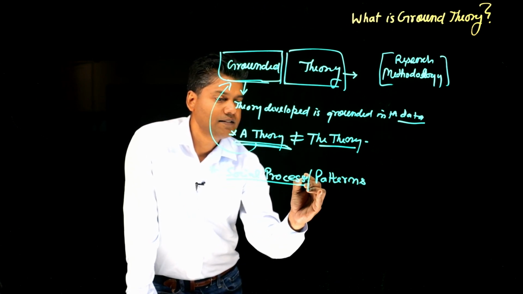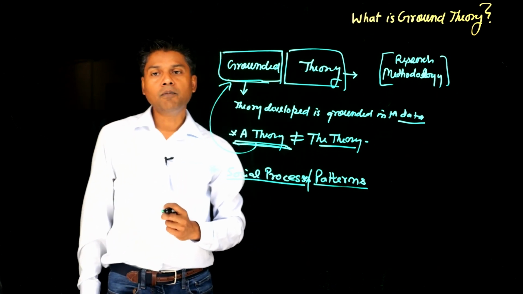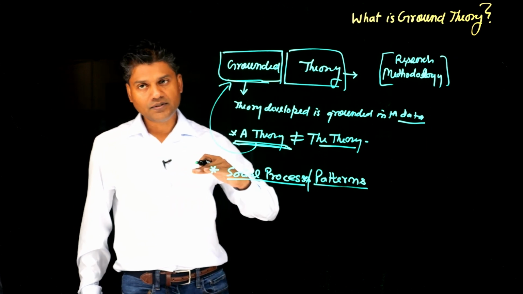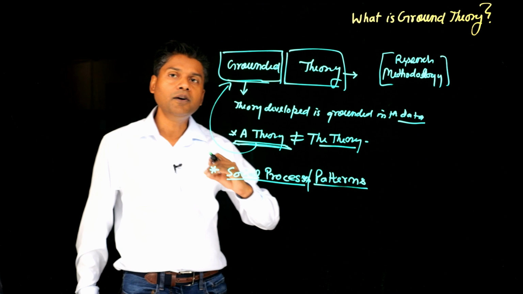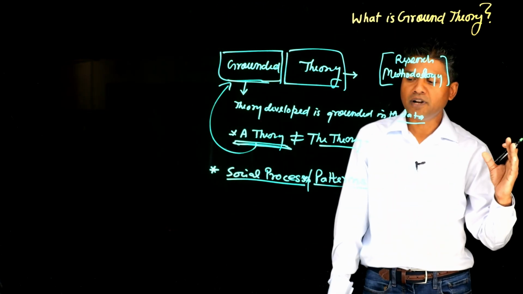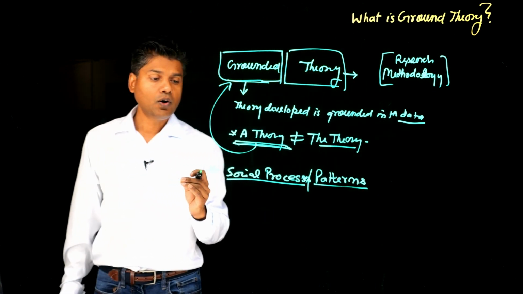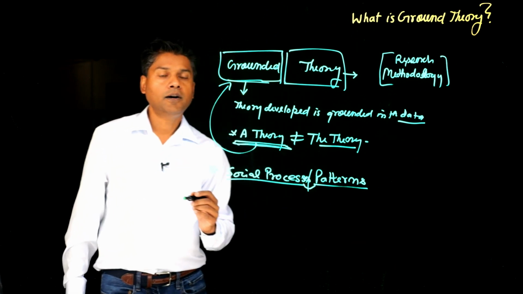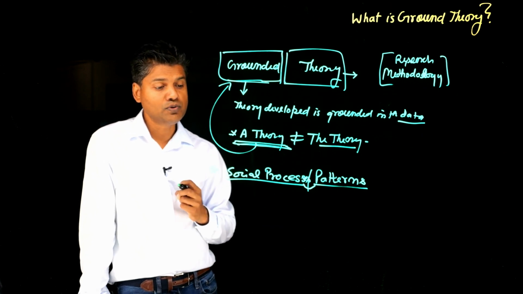If you are exploring a phenomenon where you want to understand the underlying social processes, or any kind of processes underlying a phenomenon, the underlying framework causing the whole phenomenon, or human and behavioral patterns, all those research problems are suitable for using grounded theory as a research methodology.